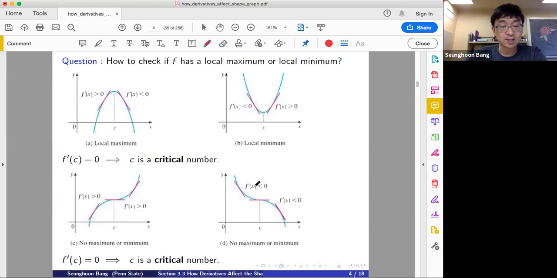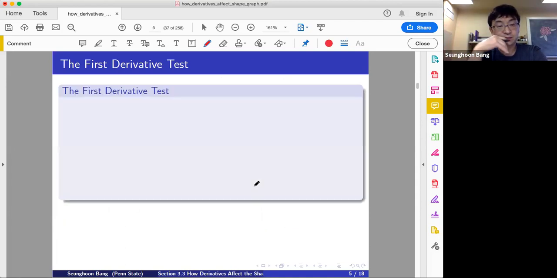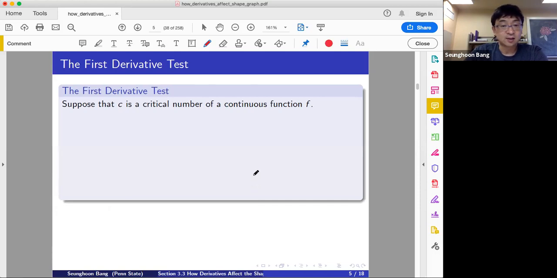From these examples, we have the first derivative test. What's the first derivative test? The method for finding local maximum and local minimum. So we have the assumption: c is a critical number of a continuous function f. This is an important thing. Function f is a continuous function. What's a critical number?